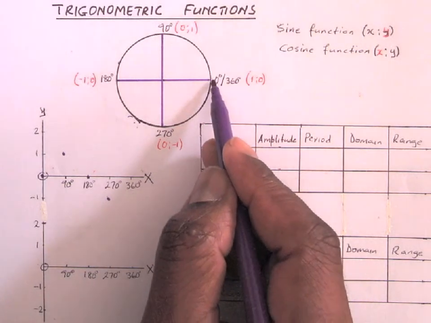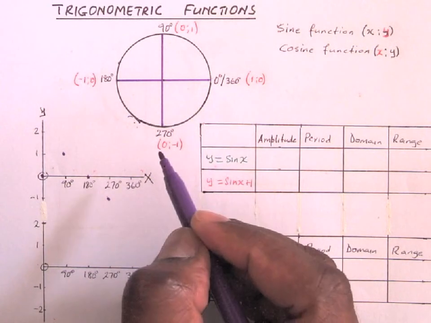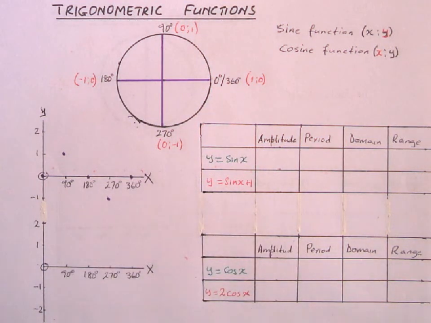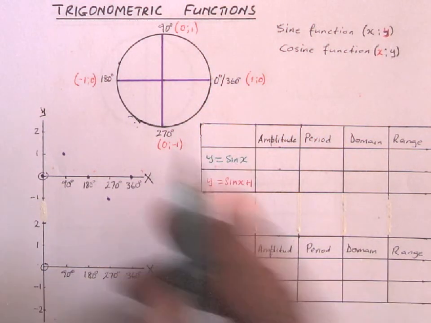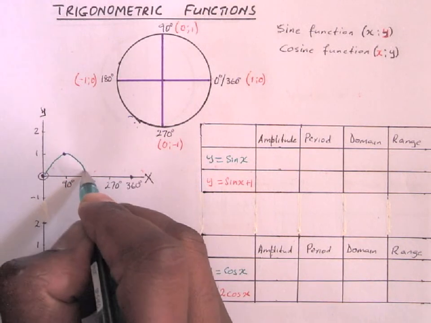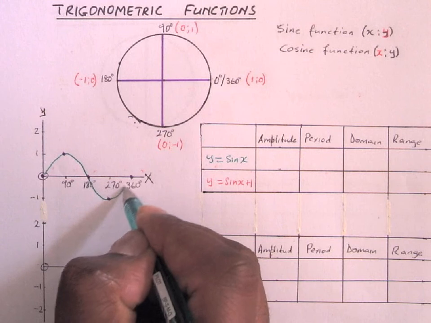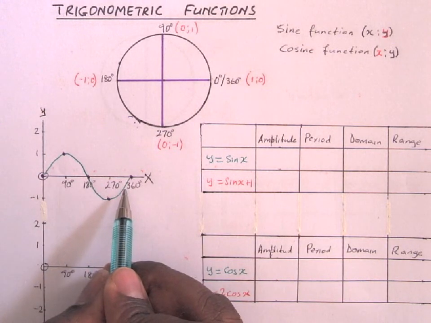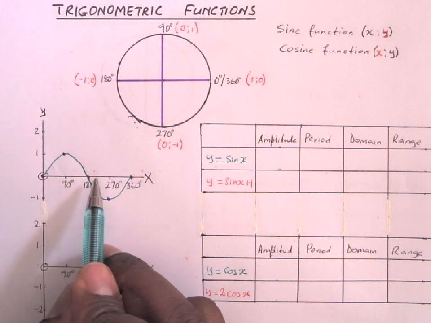And the sine of 360 is again 0 over there. So if I were to draw the graph of y equals sine x, the graph will be just like this, and doing like that, and like that. So from here, there are things that we can find out, that we can fill in.